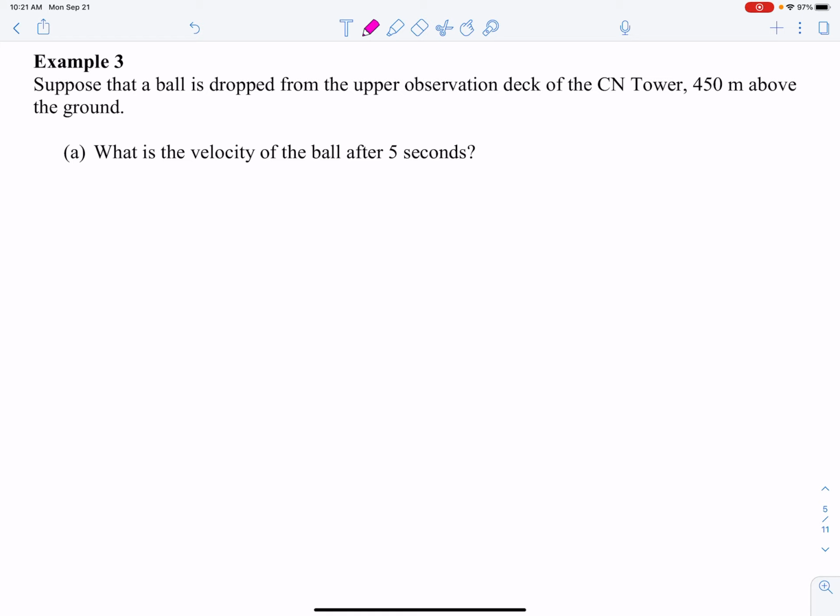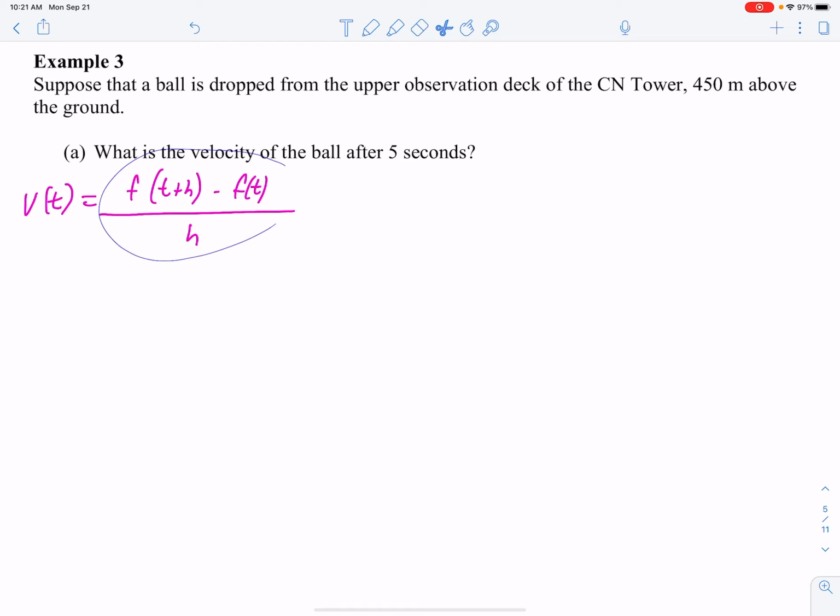So we want to find v of t, which is the limit as h approaches 0 of f of t plus h minus f of t over h. Oh, I messed up again. See, checking to see if you guys are listening. Just kidding, I messed up.